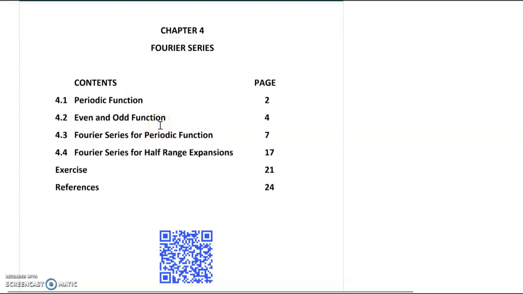We want to know what the periodic function is, how we find the period of a periodic function, what the even and odd functions are, how to recognize them, how to prove them, and what the properties of even and odd functions are. After that, only then can we proceed with the Fourier series.